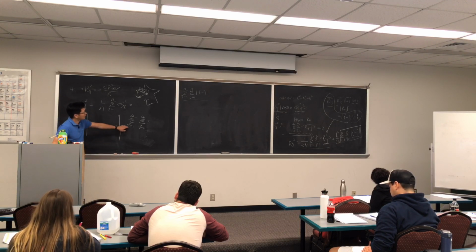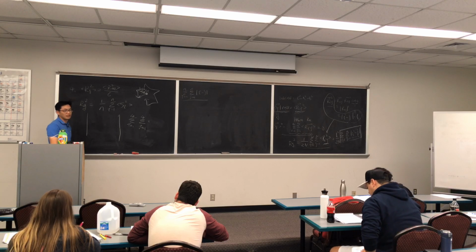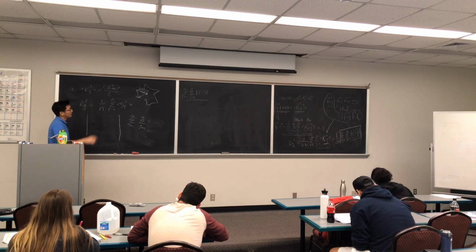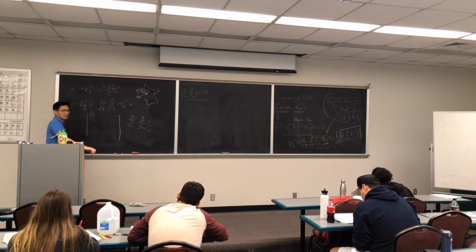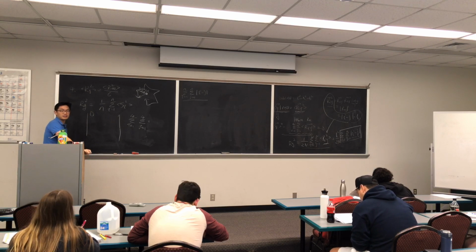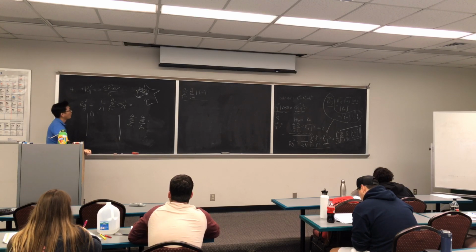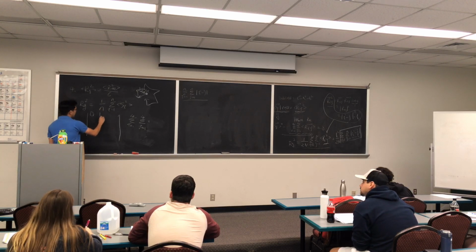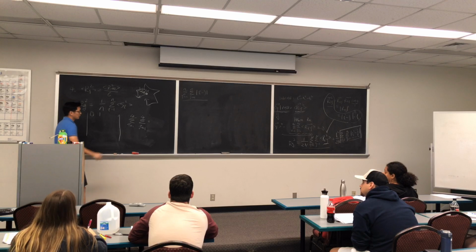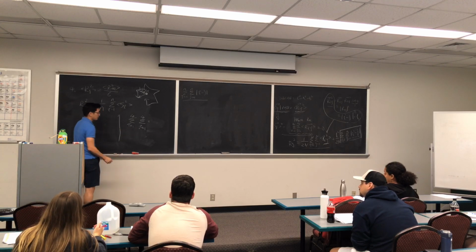When i and j equal 1, i minus j is 0, right? When i equals 1, j equals 2, you have a 1. When i is 1 again, j equals 3, you have 2.